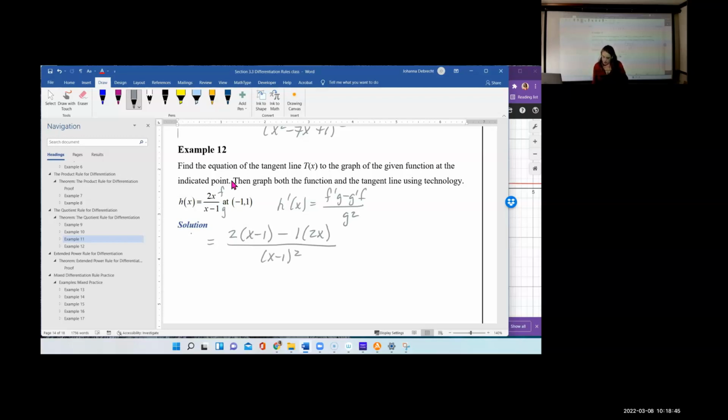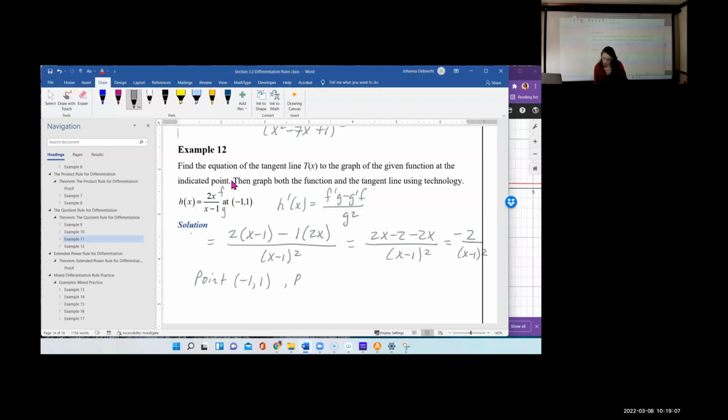All right. Once we have that, we can simplify 2x minus 2 minus 2x over x minus 1 quantity squared, which gives us -2 over x minus 1 quantity squared. We're at the point -1, 1.